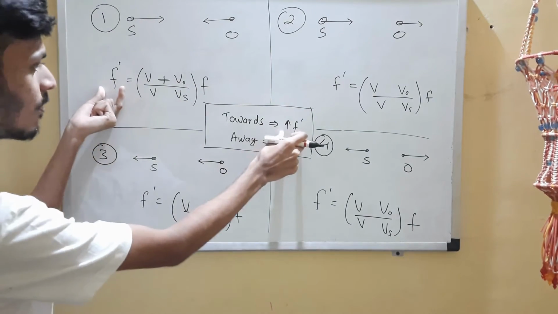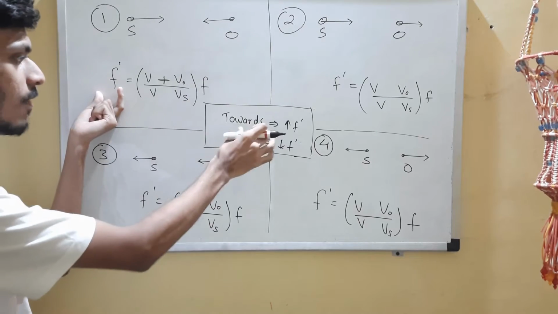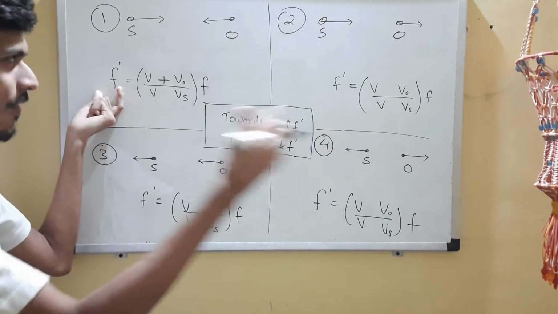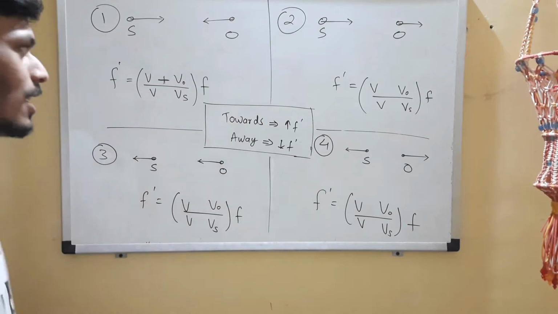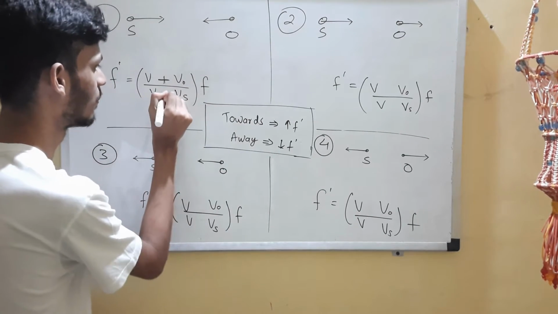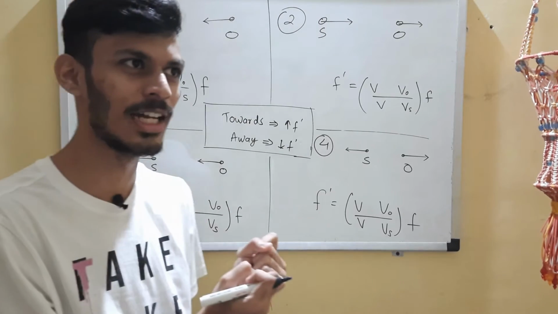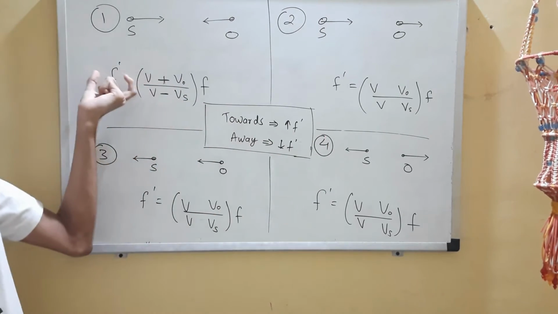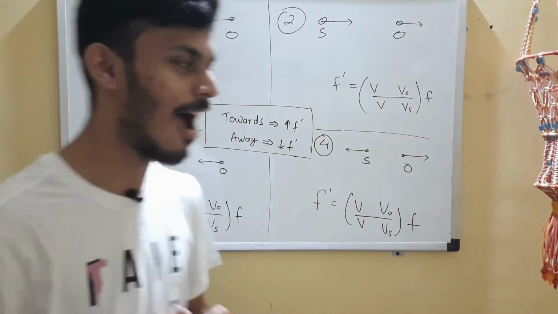So you want to increase the value of f dash, since it's moving towards your observer, but the velocity of the source is in the denominator, so minus. So v minus vs, you decrease the denominator and that will increase the value of f dash, right? So it's logical. I know it's hard to digest.